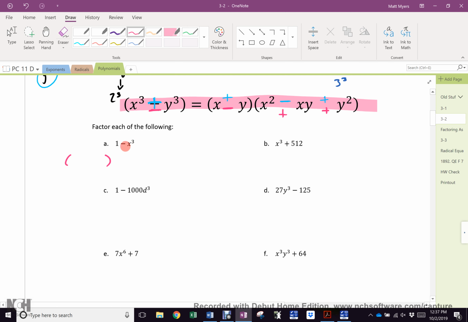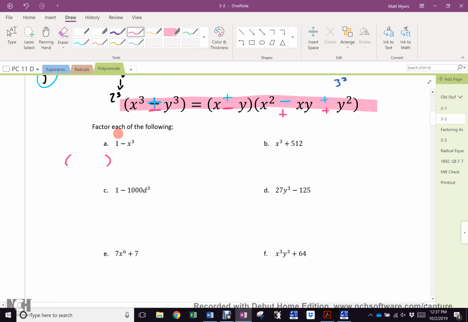Now I have mixed the order up on purpose, and I have used 1 on purpose, because a great many of you seem to forget in your heads that 1 cubed is still 1, and the cube root of 1 is still 1. A great many of you will automatically say 1 cubed equals 3. I'm trying to break you of that.